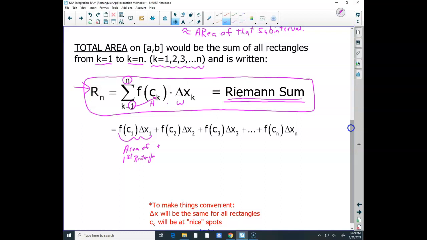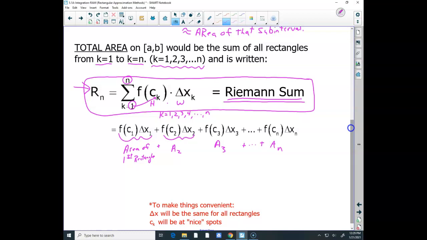Plus, then after k equals 1, because we said k equals 1, then 2, then 3, then 4, all the way down to the nth one, right? So then we next would plug a 2 in there, and this is the area of the second rectangle. And this is the area of the third rectangle. Plus, this is the area of the last rectangle, the nth rectangle, okay?